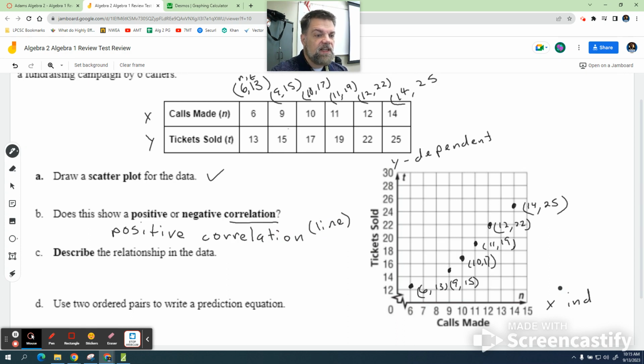And positive means that it goes uphill, right? When you read it like a book, left to right, positive means a positive slope, or it goes uphill. And it says to describe the relationship in the data.